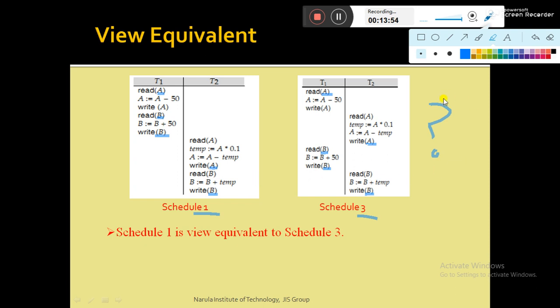Let's check whether the condition is satisfied or not. So check with schedule 1 first.